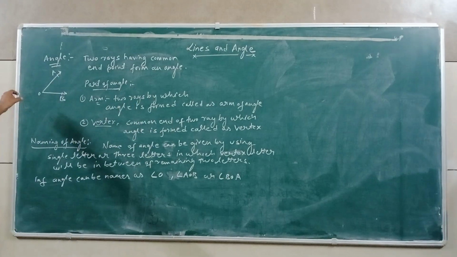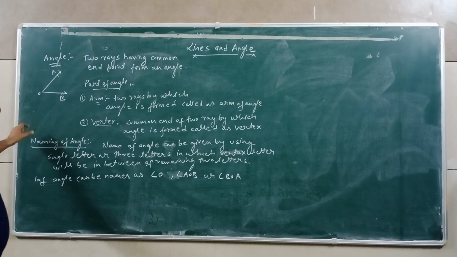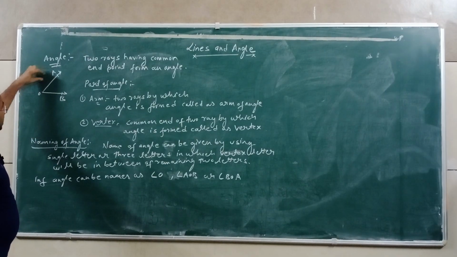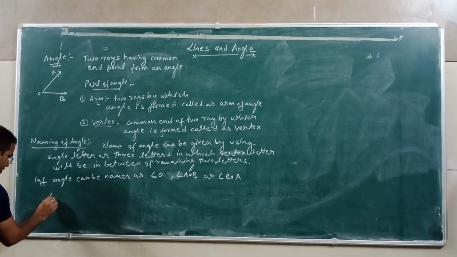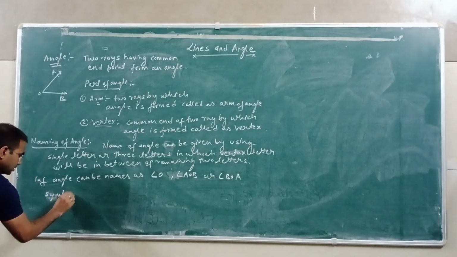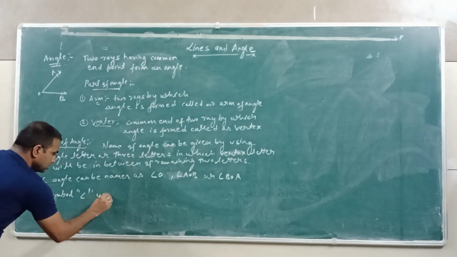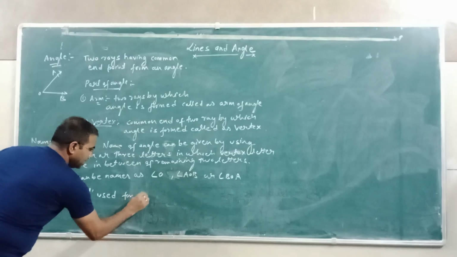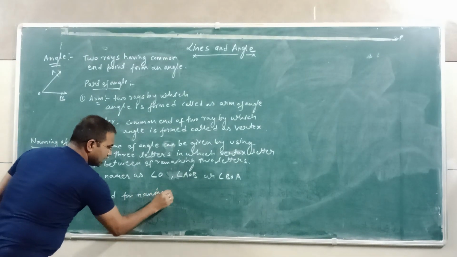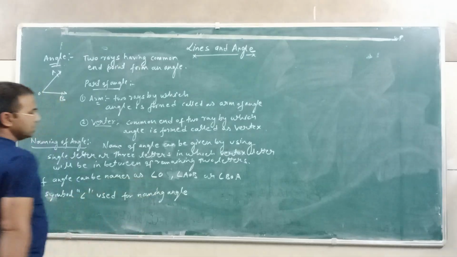This angle can be named as angle O. And this symbol is used for naming an angle. So this symbol is named as angle.